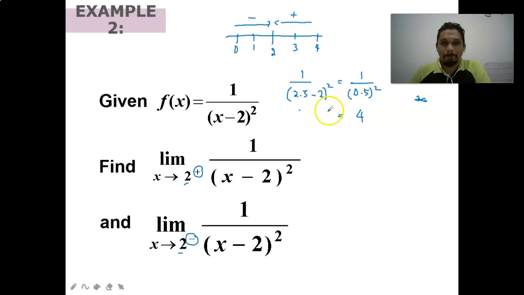Let's say 2.01. 2.01 minus 2 is 0.01, so 1 divided by (0.01) squared equals 10,000.